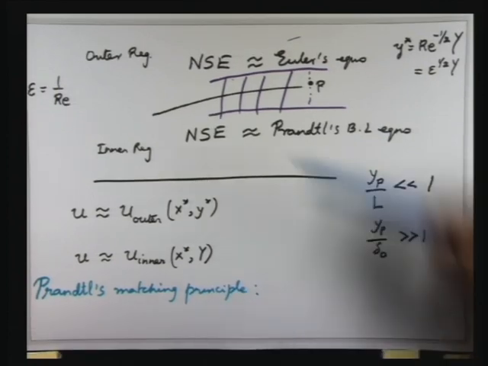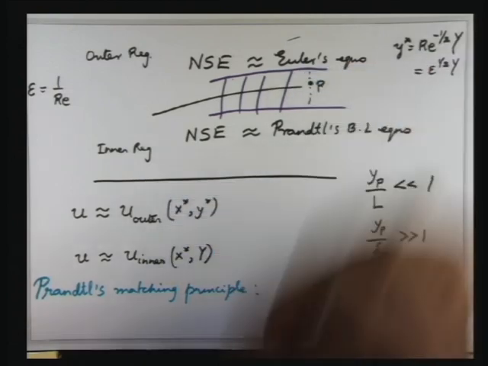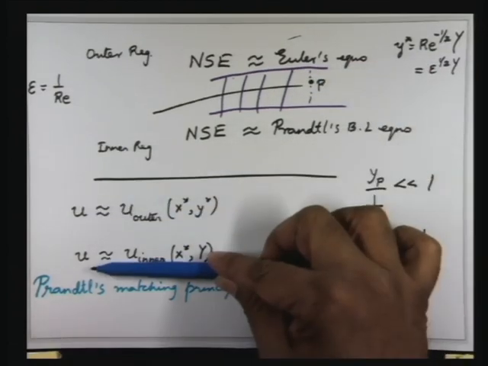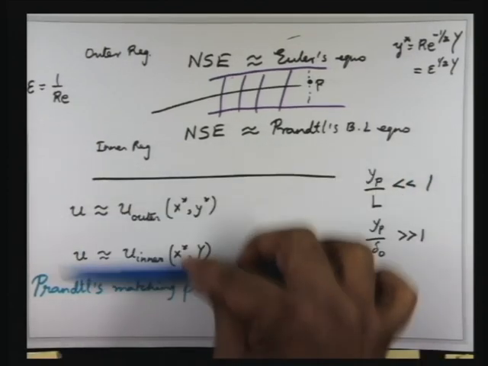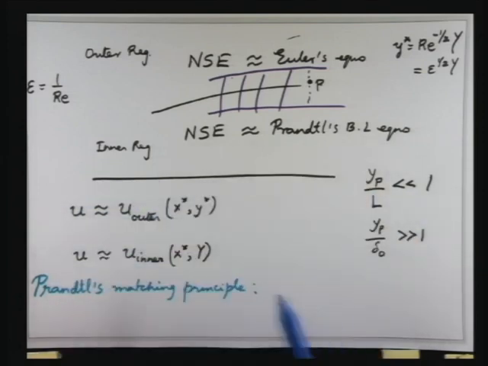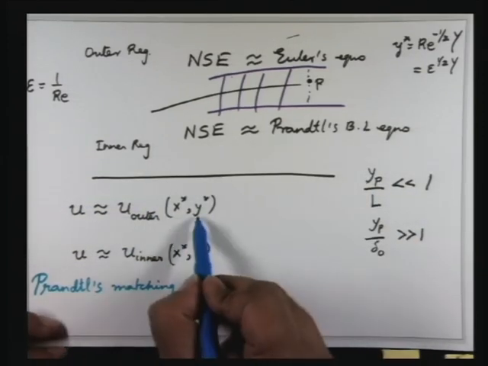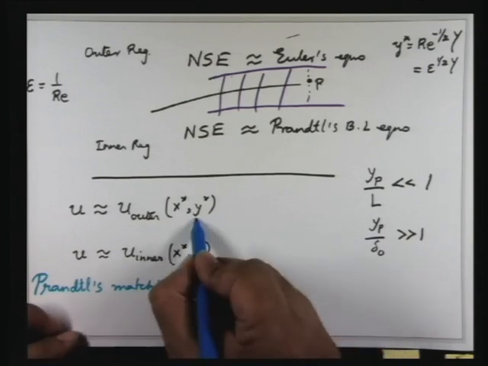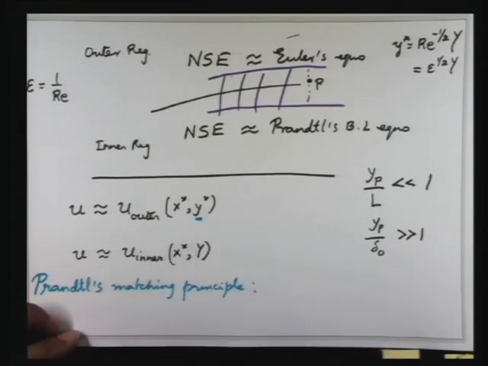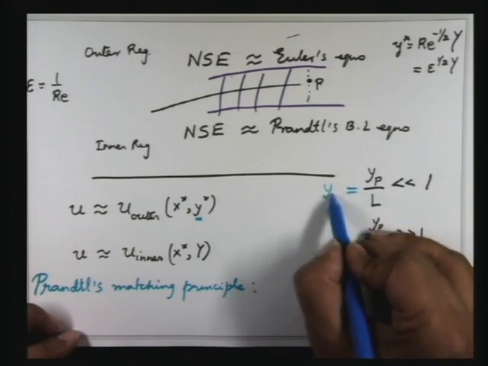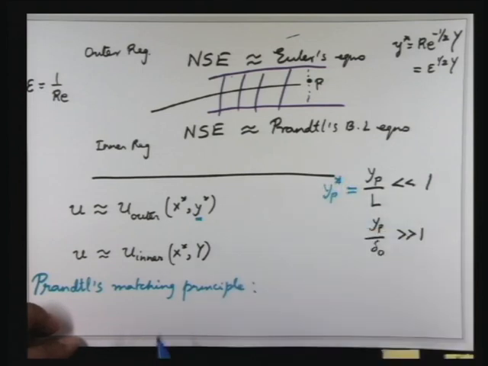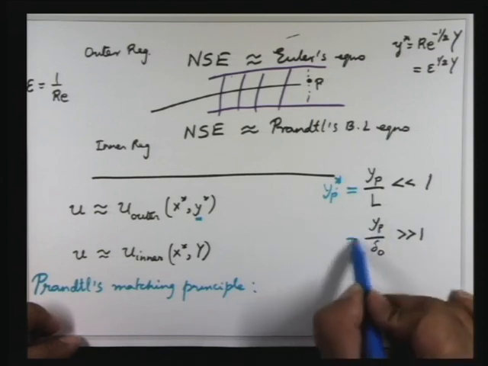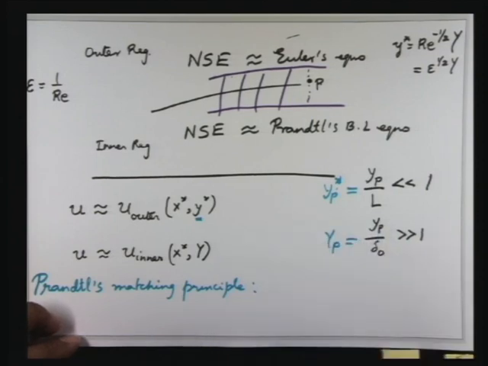We are insisting that in the overlap region both the approximations are good. So you can either take this function or you can take this function, and we are going to equate these two functions in the limit as Re goes to infinity. Now you will see that this value is going to be small because this is nothing but yp star, the y star for a point in the intermediate region, and this quantity is capital Yp for the same point.